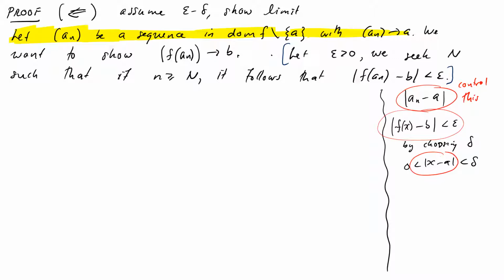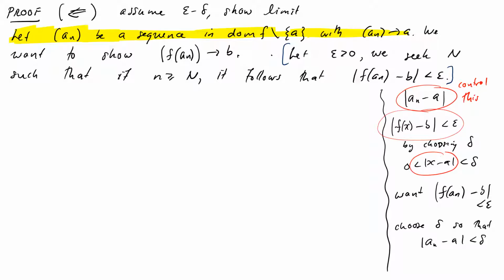So here's the step. I want to make |f(a_n) minus b| less than epsilon. I can choose a delta so that the absolute value of x minus a_n is less than delta implies, sorry, not x minus a_n, it should be a_n minus a.